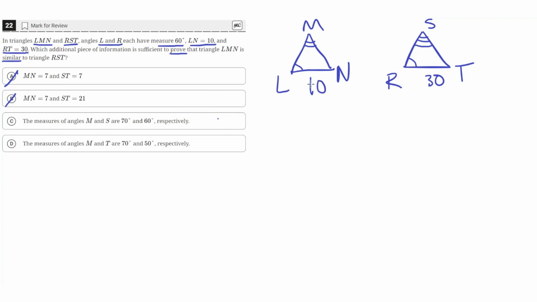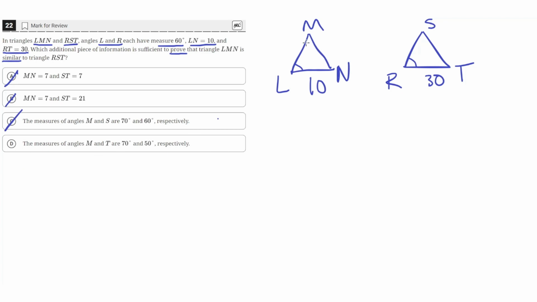Two similar triangles have equal corresponding angles. So L would equal R, M would equal S, and N would equal T. So C is not correct either, which leaves us with D, but let's see why D is correct.